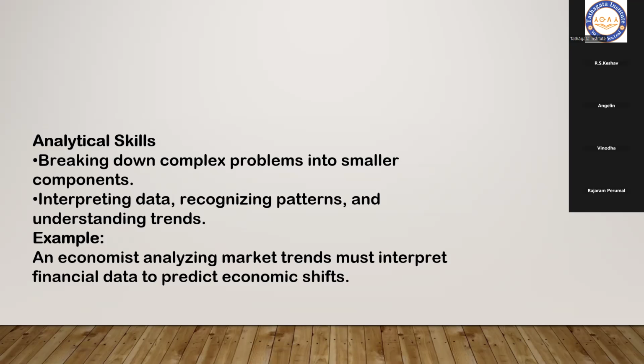There is a question regarding these characteristics: does it fall under the characteristics or does it speak about the types of research? Through interpretation only, I understand the data and give the answer. And I recognize patterns, understanding trends. An economist analyzing market trends must interpret financial data to predict economic shifts.